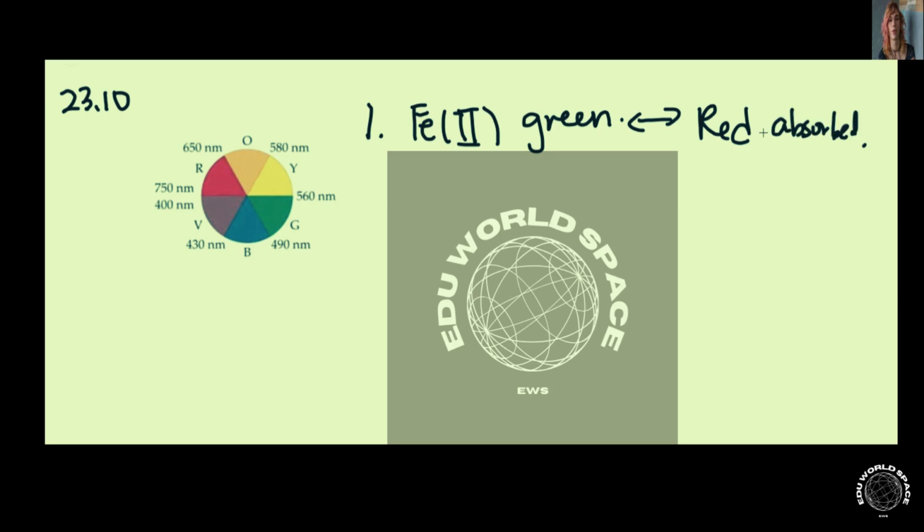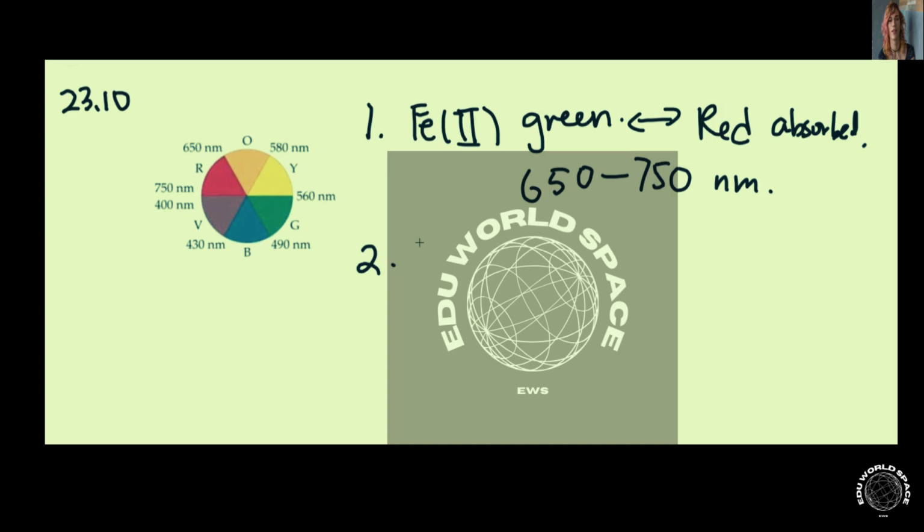So the wavelength of visible light corresponding to this red color is in the region of 650 to 750 nanometer. So this region has been absorbed.